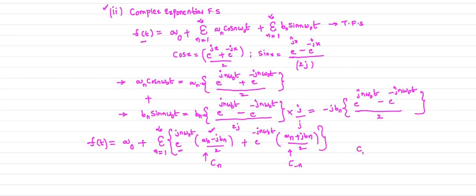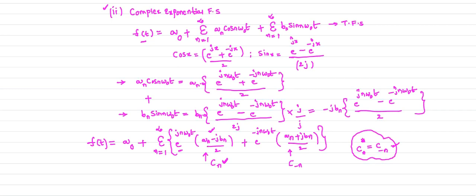Whenever you take the complex conjugate of this expression, we get c minus n. We will prove this property in later classes, but up to now you have to remember this: cn conjugate is nothing but c minus n. This is a property of the Fourier series. So here I consider an minus jbn by 2 as cn.